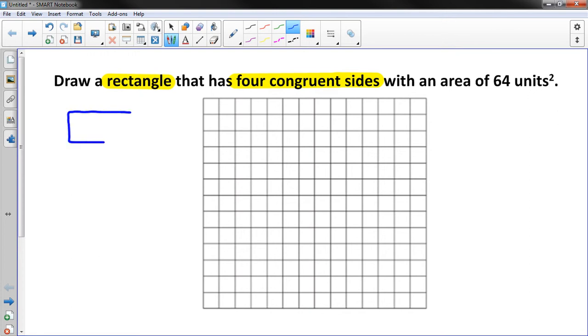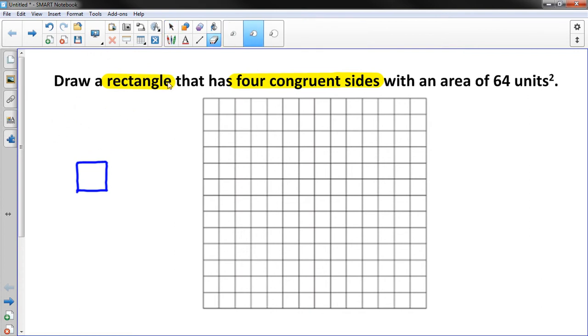I know rectangles look like this, but that one I just sketched does not have four congruent sides because we know that congruent means equal to or the same. So what we have to do is draw a rectangle that looks like that, which is actually a square. So that's what we're after.